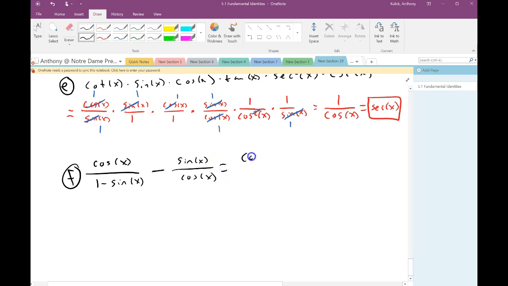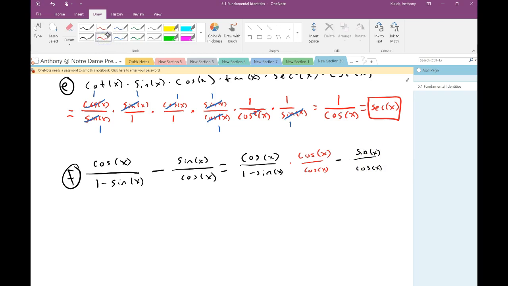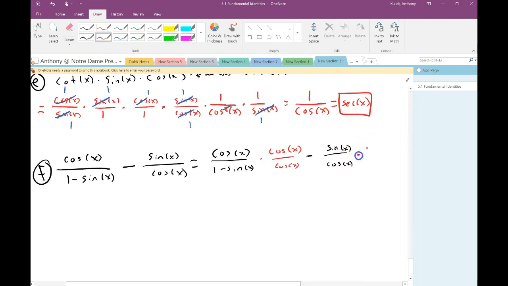So I'm going to take the first fraction and multiply the top and bottom by cosine x over cosine x. And then I'm going to take the second fraction and multiply it by 1 minus sine x over 1 minus sine x.